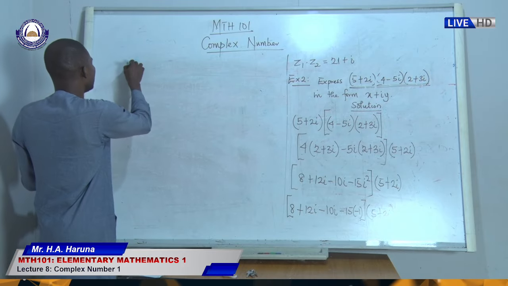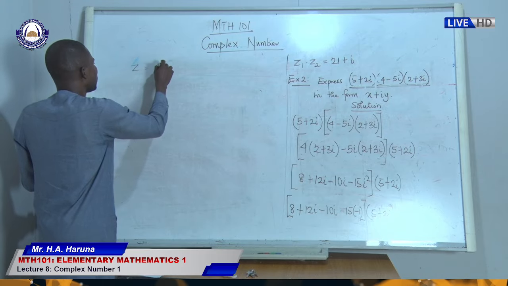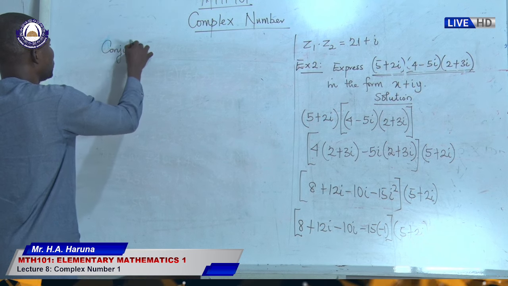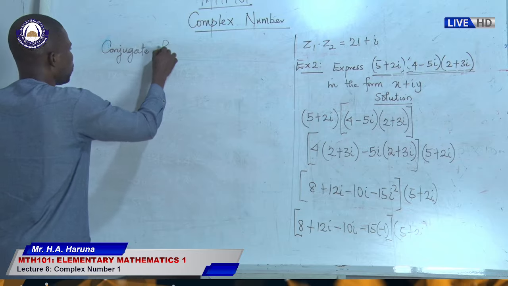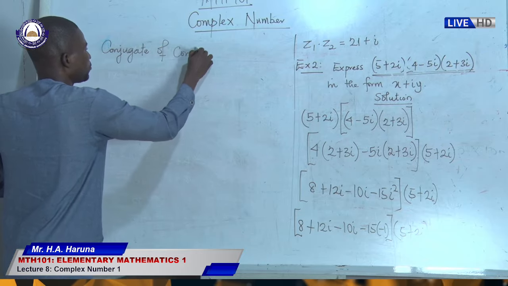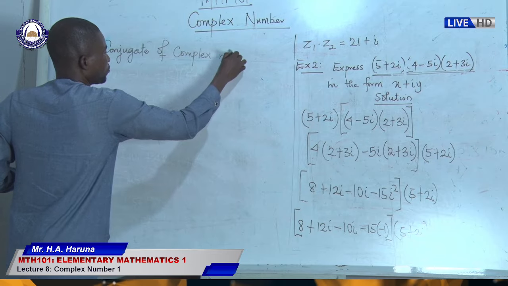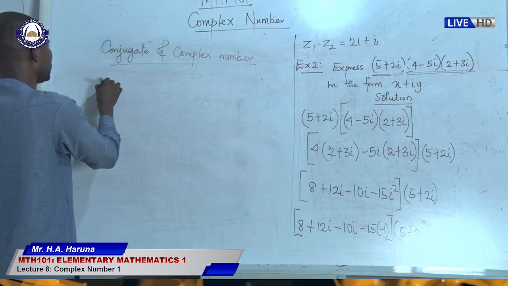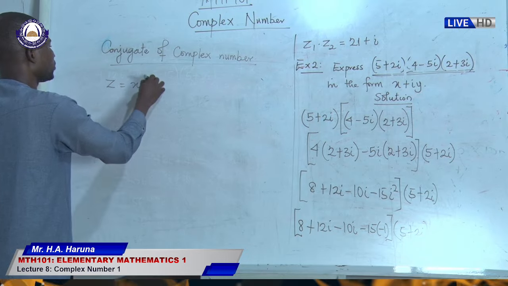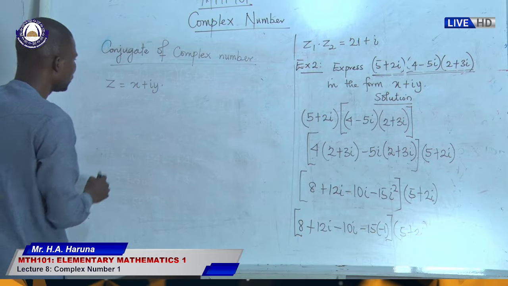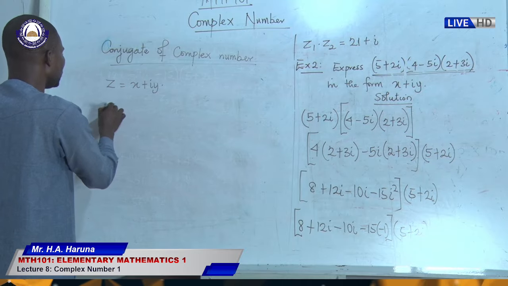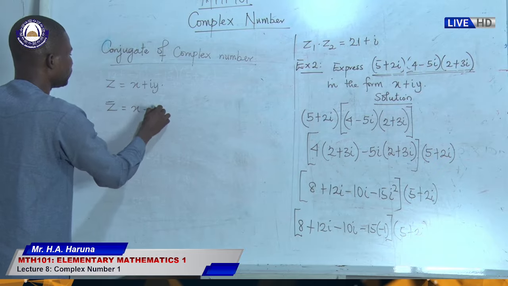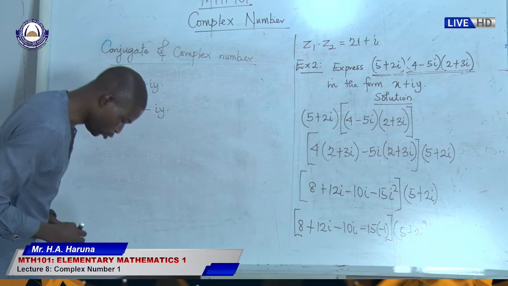If you have z equals x plus iy, the conjugate of this is z bar equals x minus iy. That's what we mean by conjugate.